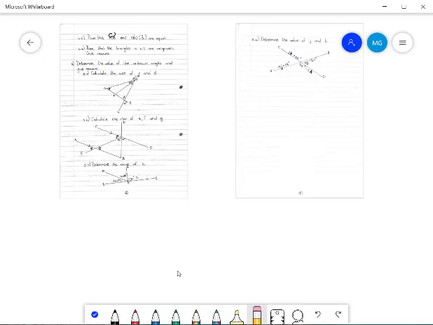Let's have a look at 5.3. Determine the value of H. So here we have a case of a straight line. And remember I said that the angles on a straight line are equal to 180. So all of these three angles should be 180.